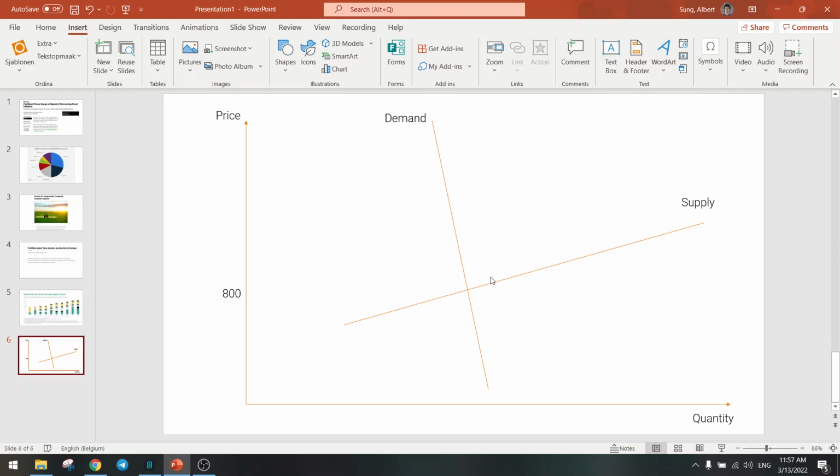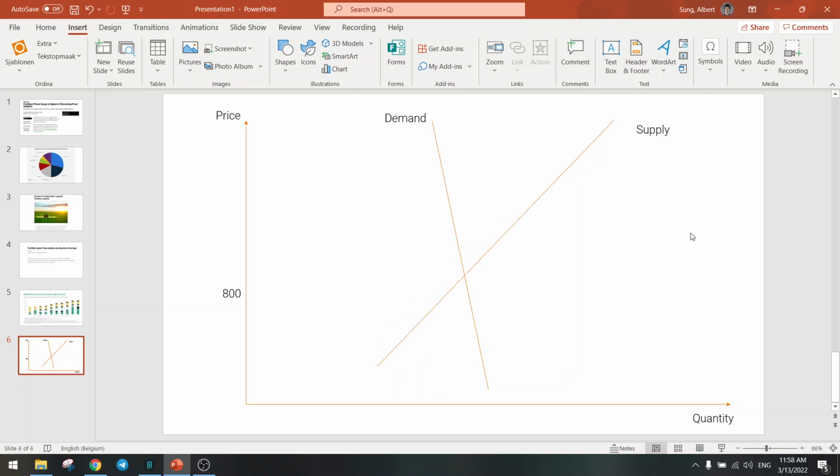So even if the price goes up, you will have the same amount of quantity. So what happens is that this curve will steepen. So we have a steepening curve like this.